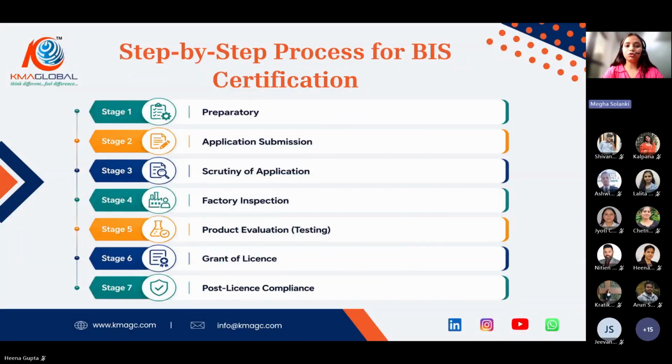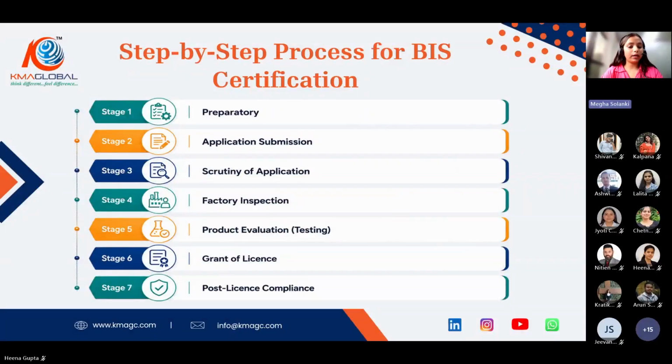Next, a BIS officer will visit the manufacturing factory where they check all the documents submitted during the application, such as machinery, testing equipment, and their valid calibration. Also, they conduct testing by the testing personnel just to check whether they understand the Indian standard requirements or not. Also, they withdraw a sample for independent testing in India.